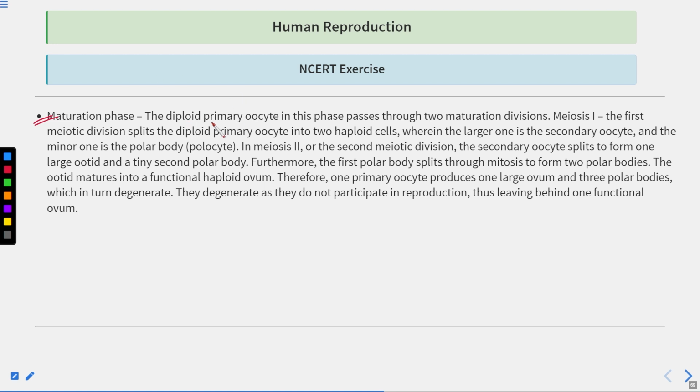So here what happens? The diploid primary oocyte passes through two maturation divisions. Meiosis 1, which is known as the first meiotic division, splits the diploid primary oocyte into two haploid cells, wherein the larger one is known as the secondary oocyte and the smaller one is known as the polar body or the polocyte. So what is happening here?